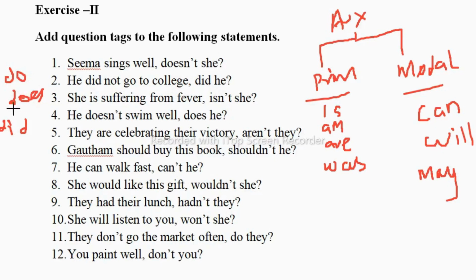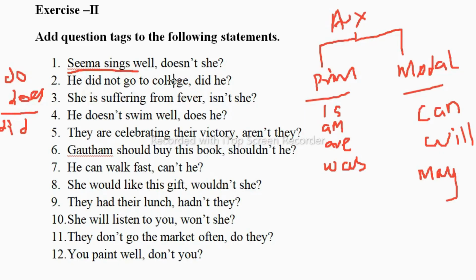And if your statement is in present tense but the subject is singular, then you have to use does to make a question tag. As you can see here, Seema is a single subject, and sings well, that means we are talking about present only. It's a present simple. So that's why I'm using does here to make a question tag.